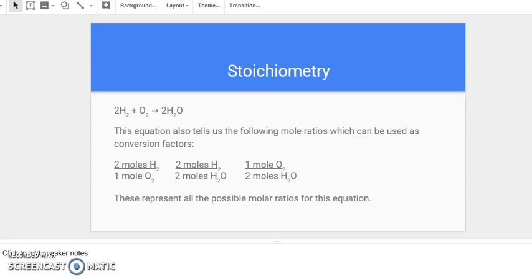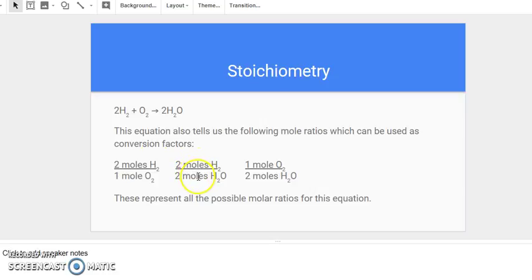That's an equality, and so we can use that as a conversion factor. So in this example, from this balanced equation, we can see that 2 moles of hydrogen will react with 1 mole of oxygen. We see that right here. So we can use that as a conversion factor.